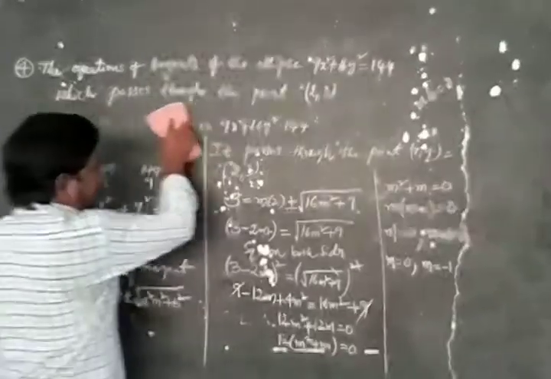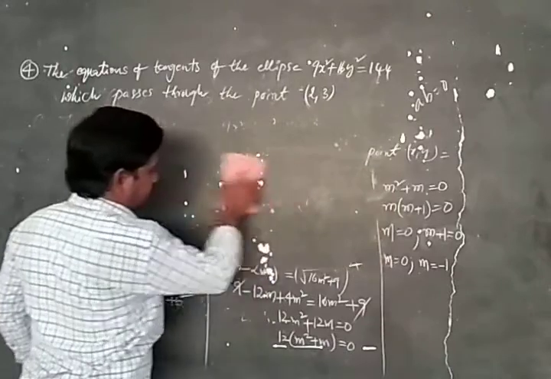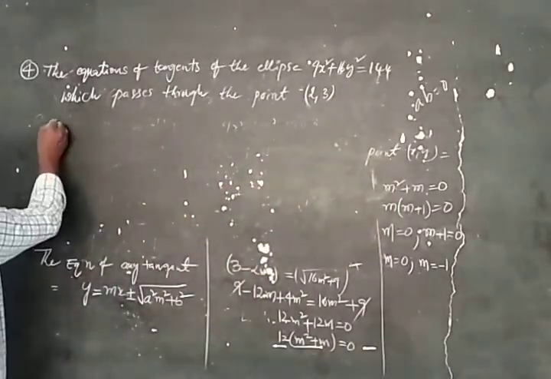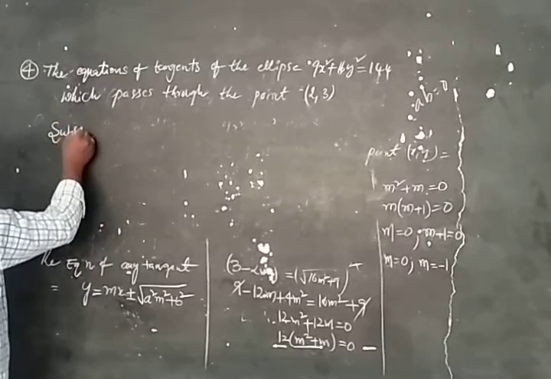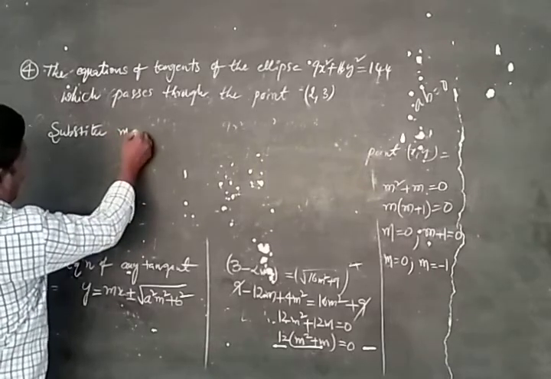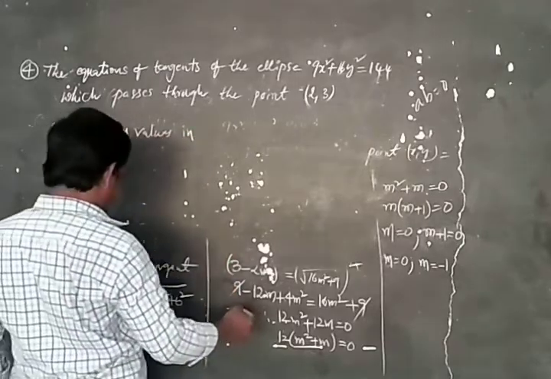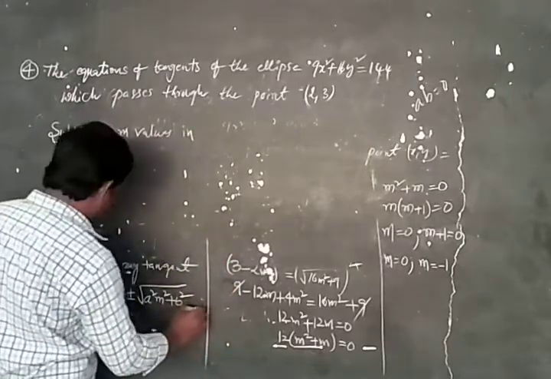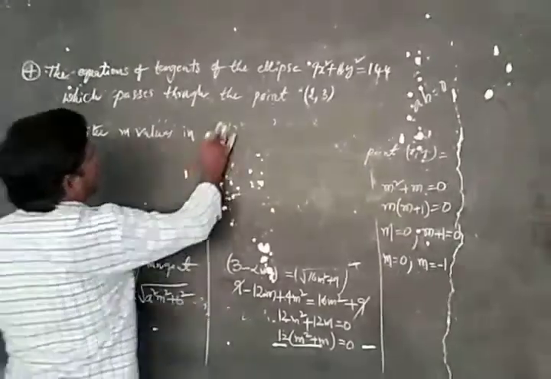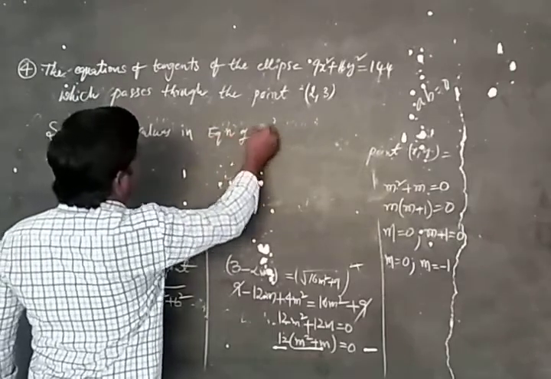Now substitute the m values in the tangent equation, this is equation 1.